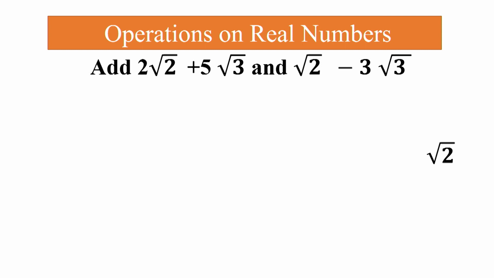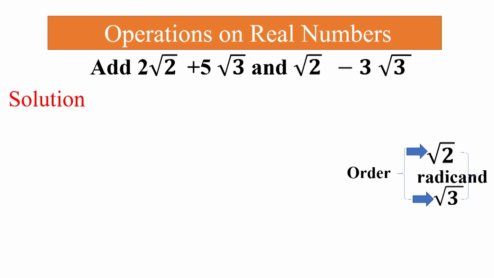Before solving this problem, we recall some basics we learned previously. The root here, we call it the order. This is a square root, therefore the order is 2. If it is a cube root, the order is 3. The number inside the root, we call it the radicand, my dear students.